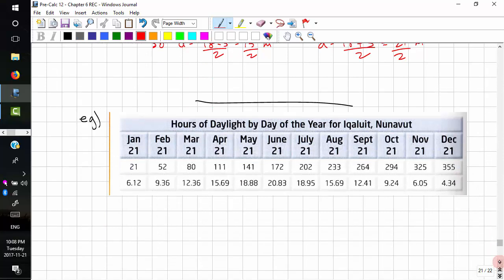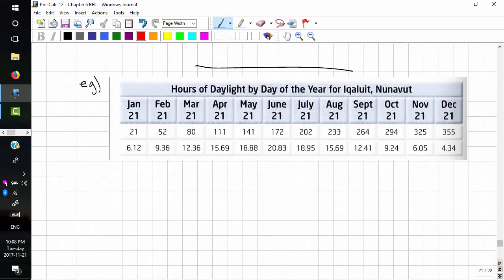Often in real-life problems, we're given a table of data. We're going to model this data using a trig function. So you need to determine certain information off this chart, and you need to see which numbers are going to be the most accurate for you. We look through the list, we scan, we see this is a max. We see this is a min.